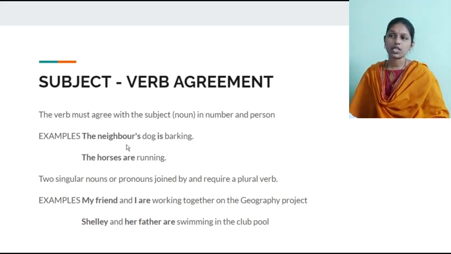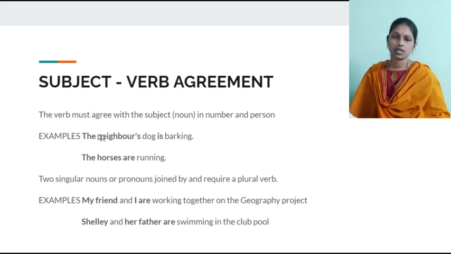So, what is the subject here? The neighbor's dog. What is the verb here? Is. Why did we use is here? Because the subject of this sentence is singular. The neighbor's dog, the subject is singular, so we used a singular verb.